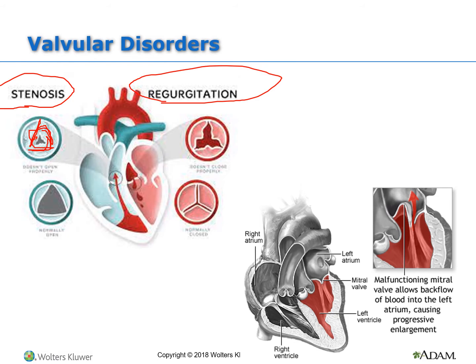With regurg, the valves are actually pretty loose. And then on the bottom, here's the prolapse. So you see here how the leaflet goes back up into the atrium.